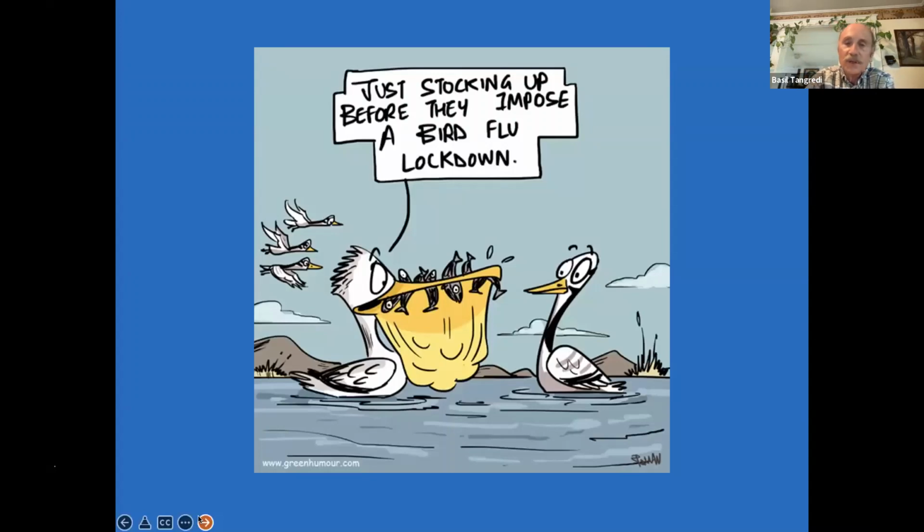Songbirds, I really have very little data on that. It seems like everything that's been published now has been mostly on raptors and the waterfowl, but I see very little on songbirds.